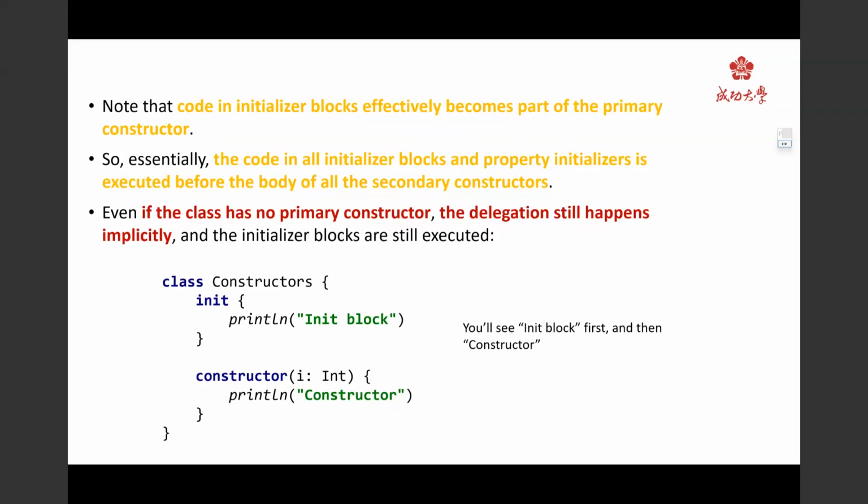Let me summarize a little bit. The order of execution is the primary constructor, then the init blocks, and then the secondary constructors. If your class doesn't have a primary constructor, then the execution order is the init blocks, followed by the secondary constructors. Got it? Very simple.